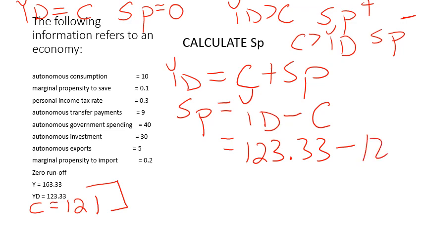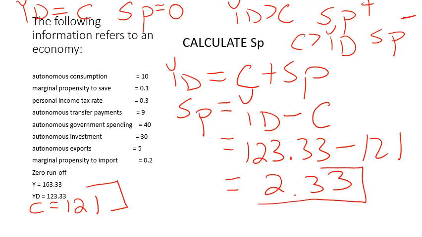Consumption is 121, which means that private savings are 2.33. All right. So, where does this money go?